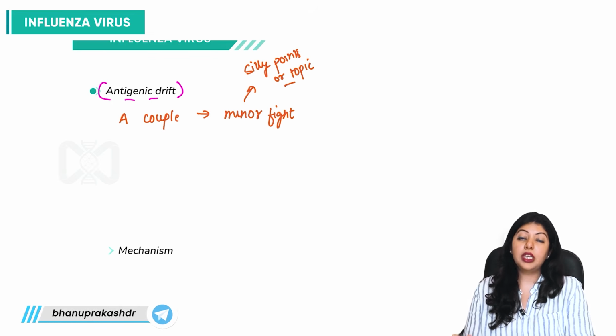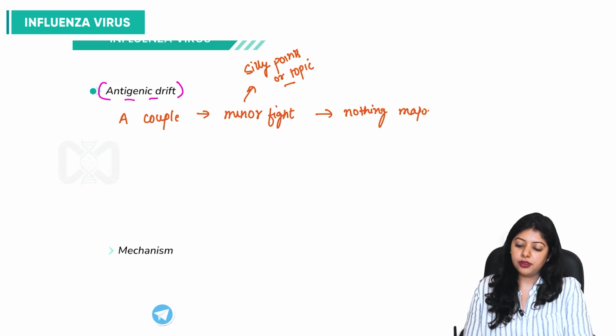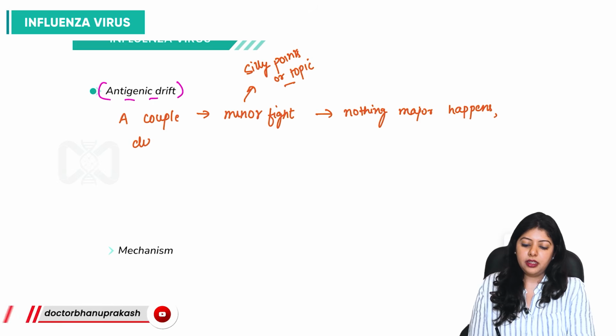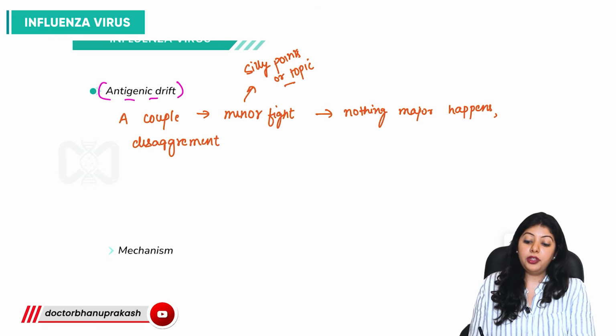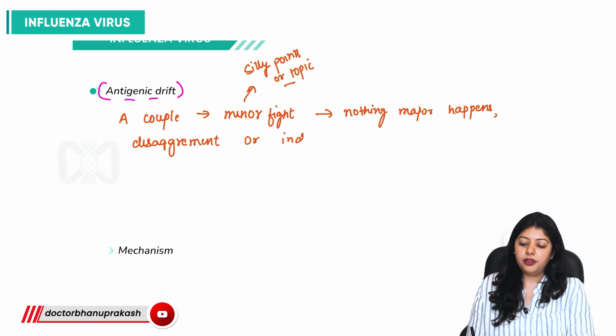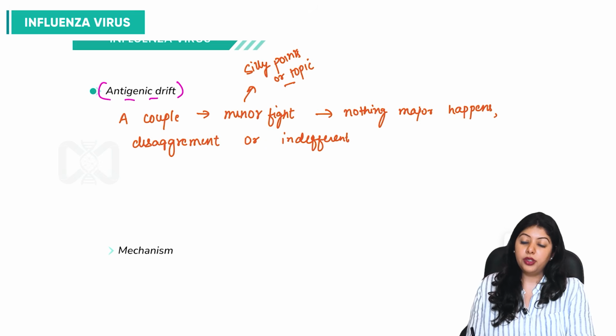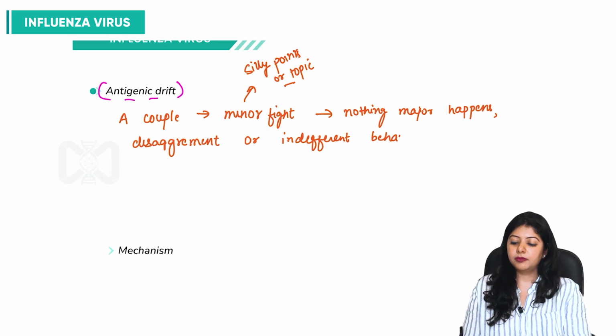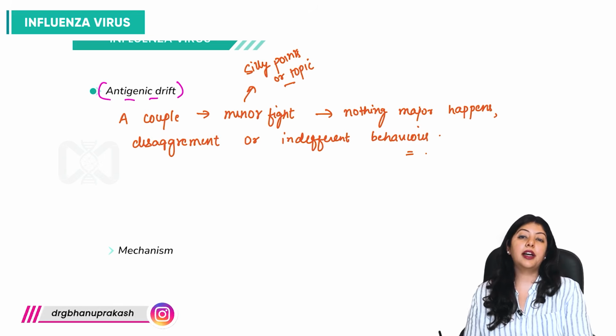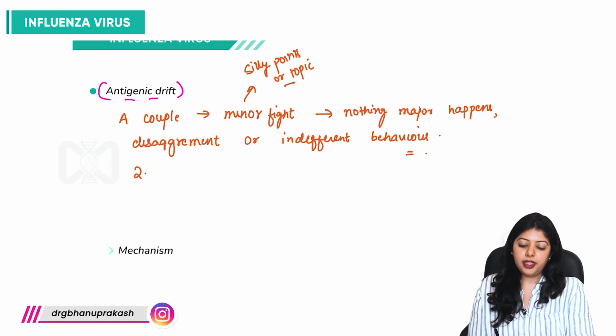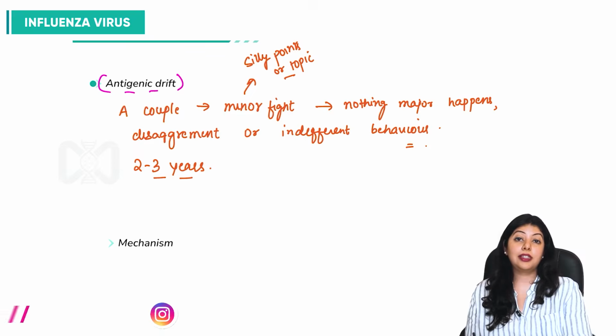Because of these frequent silly fights, nothing major happens, but there is small disagreement or indifferent behavior towards each other. And these fights are very frequent in nature, so they occur every 2 to 3 years. But nothing major or drastic is happening here.